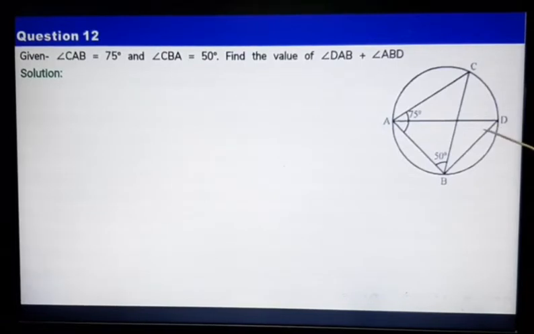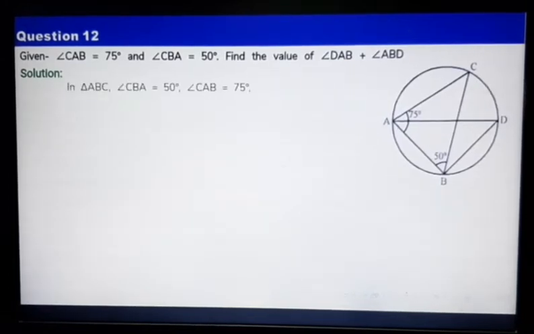So let us first calculate the value of these equal angles. Let us first go to triangle ABC, because in this triangle we have been given this angle and this angle. Definitely we'll be able to find the third angle.